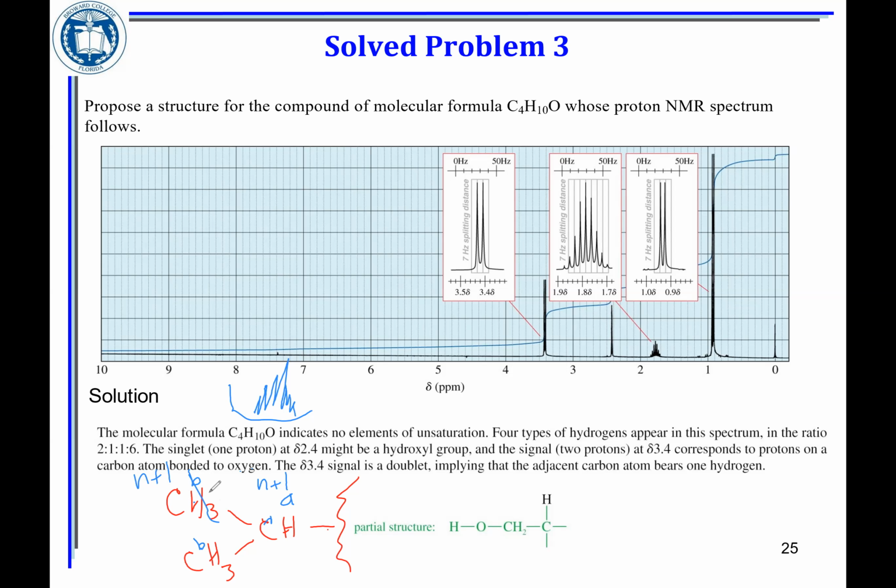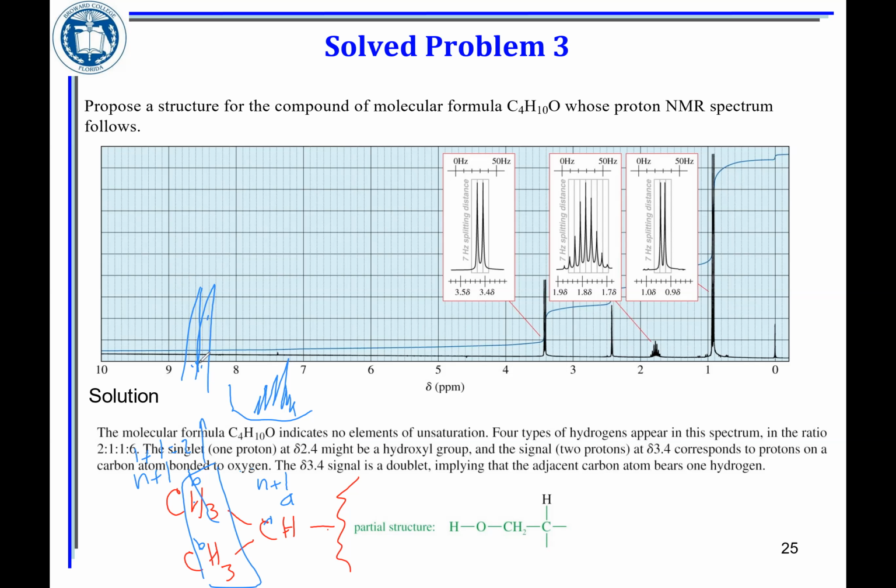The value of N for hydrogen B is just 1, because these two hydrogens are the same type and they don't split each other, but they are split by hydrogen A. Since you have only one hydrogen A, N is 1, and 1 plus 1 is 2. So for this B type we get a doublet, with peaks of the same height.